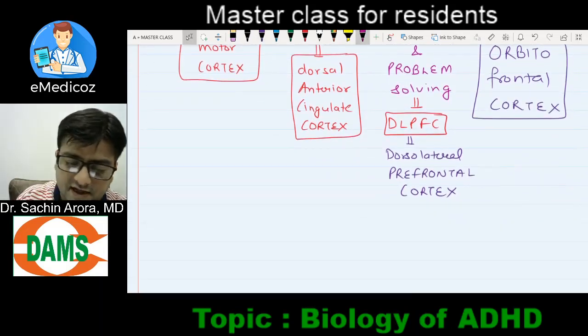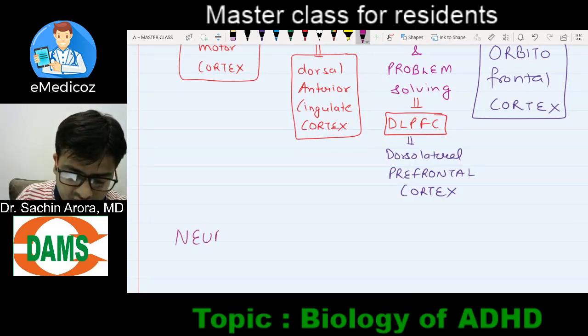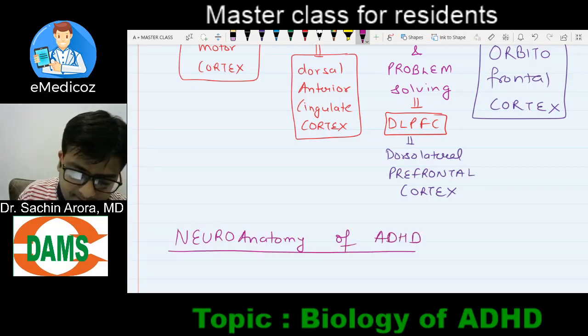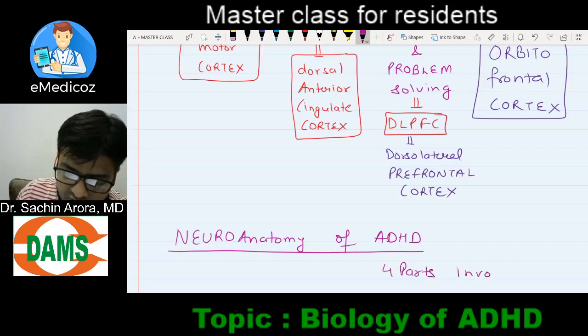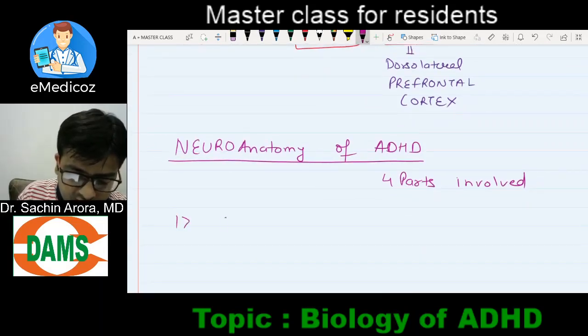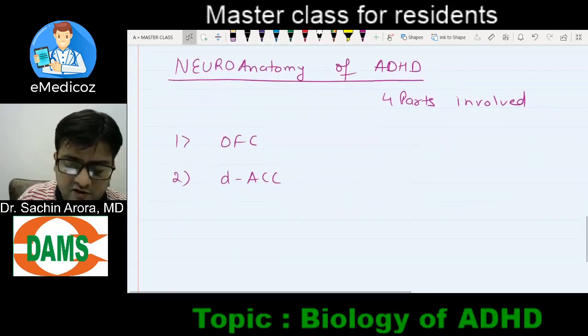What do I mean by the word linked to? In your exam, when you write your answer, you write like this: neuroanatomy of ADHD, four parts involved. Write your answer like this: OFC or orbitofrontal cortex, dorsal anterior cingulate cortex.